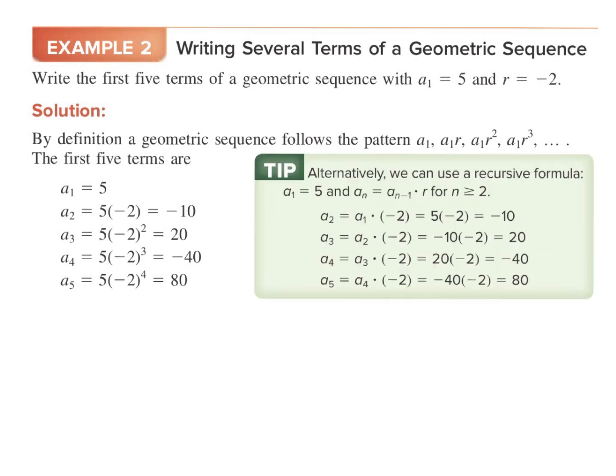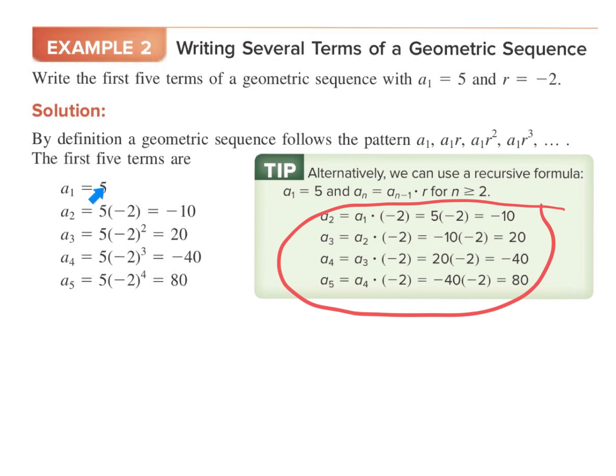And here is showing you both. Okay, so this is what we just did, which we did it recursively. That is a recursive formula. Okay, you take the answer you just got, multiply it by negative 2 to get the next answer. So you always need the previous number to get the next one. Now, if it was asking for a specific term, then it would make more sense to use the formulas.